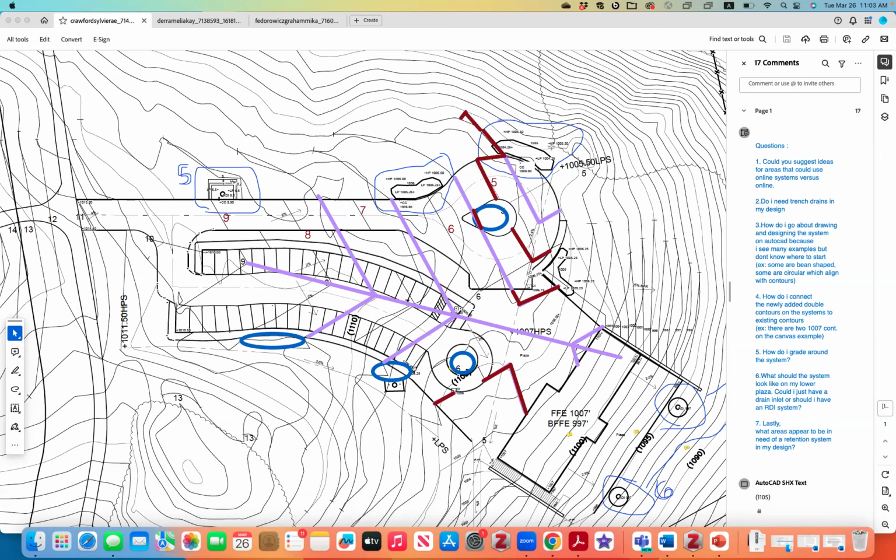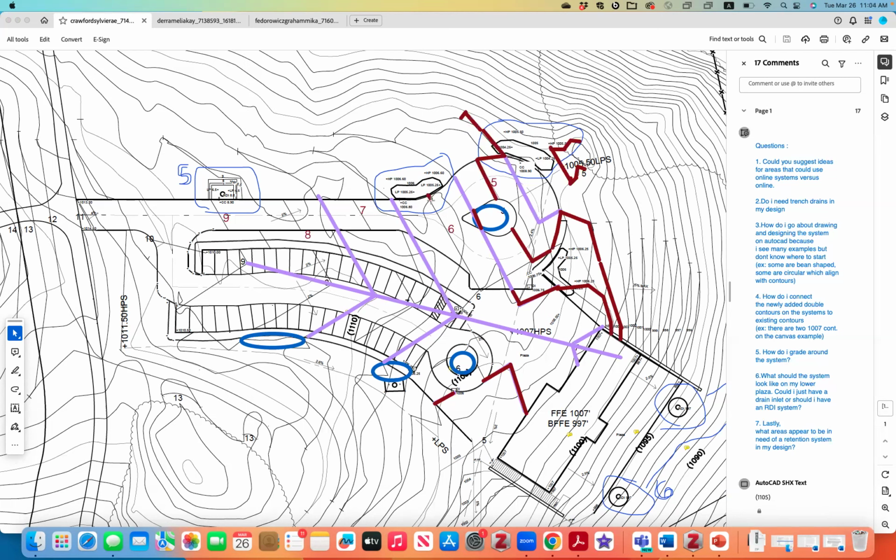So originally your contours were not dropped correctly, okay? So this 5 needs to close like this, so it stays with the other portion of the 5. And then this one continues out and then connects back to the 5, which eventually will hit this building, this wall. Okay, the 6 goes here.